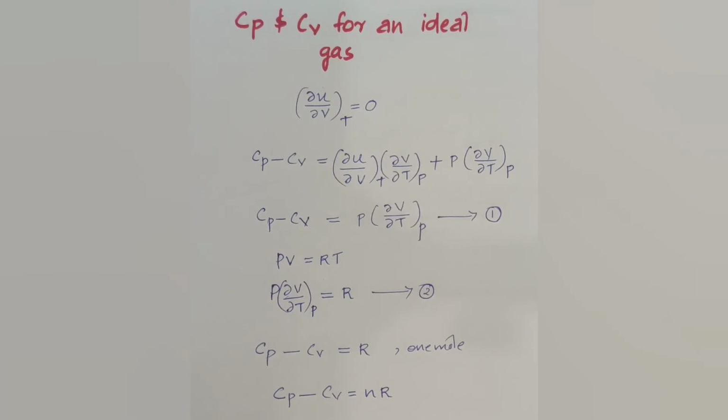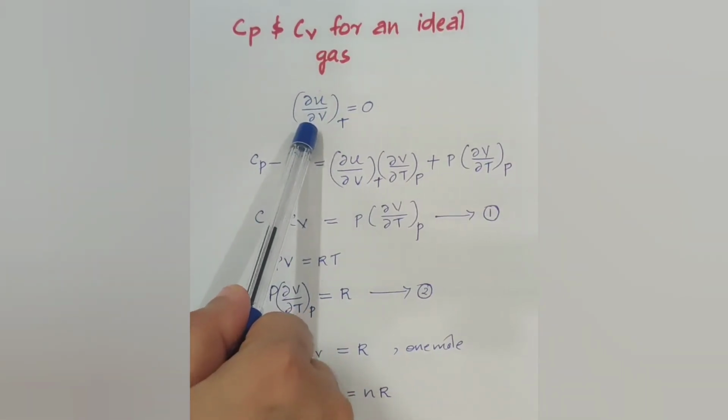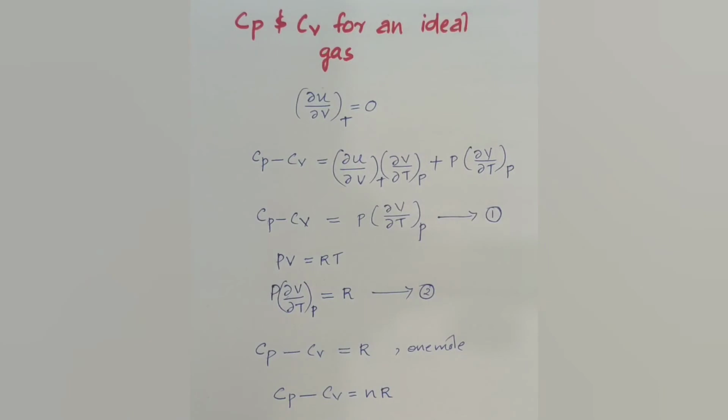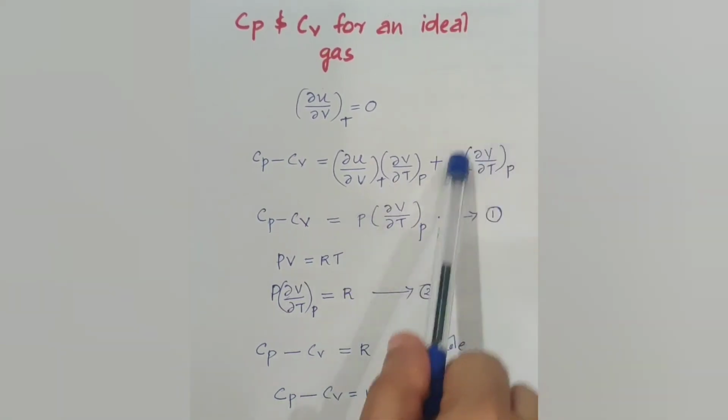For an ideal gas, the internal energy depends only on the temperature and is independent of the volume. Hence, this term (∂U/∂V)_T is becoming 0, and we are getting Cp minus Cv is equal to only this term.